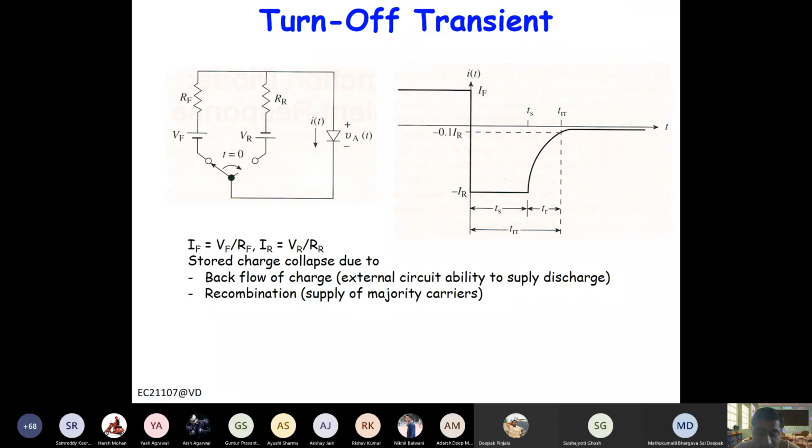For example, you see here, let's say in forward bias, RF is a resistance, so the maximum current will be VF by RF, assuming VF is large compared to 0.7 V, the diode cut-in voltage. Similarly, the reverse bias current will be VR by RR.